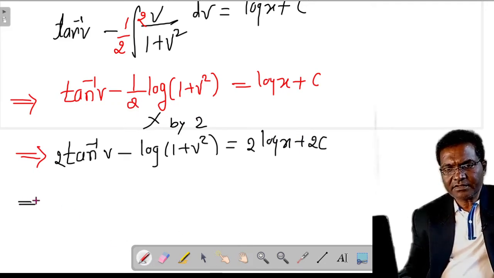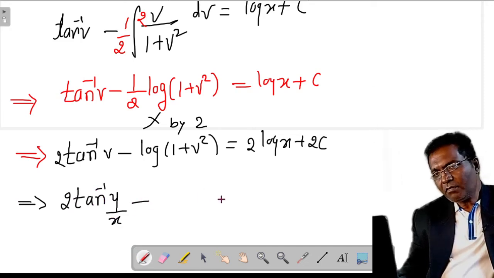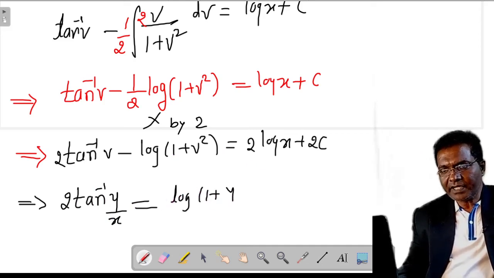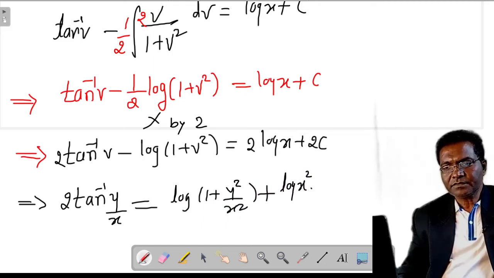This implies 2 tan inverse of v, I can write y by x, and transfer this side: minus log of (1 plus v square), meaning y square by x square, equals 2 log x, which can be written as log of x square, plus 2c.